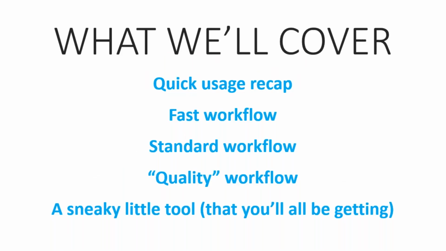So let me just explain what we're going to cover for you, because the first thing we're going to do is just a quick recap. I've been asked by several people, how does it work? What's the basic? So we're going to look at that and talk about some of the ways you can use it. But then we'll look at three types of workflow. There's the fast one, which is fully automated, what I call the standard one, where you do a little bit of work yourself.